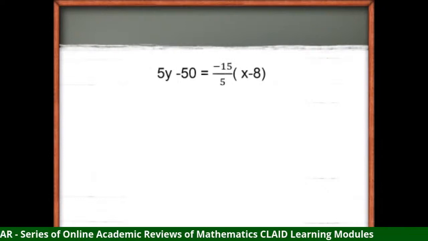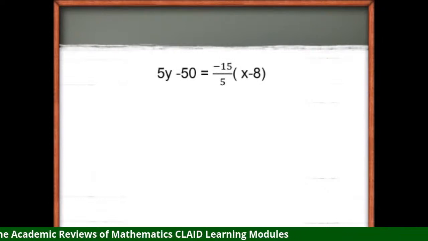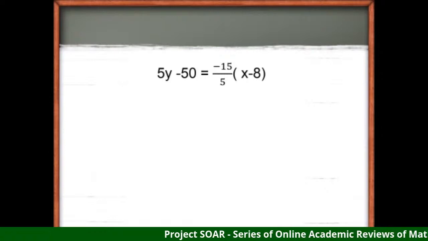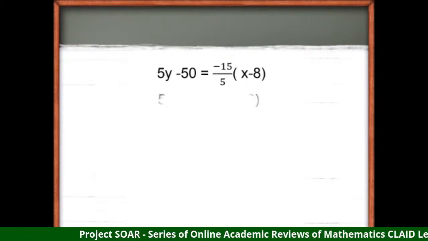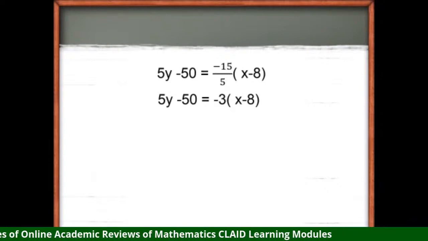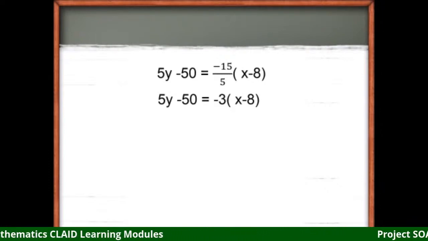And the result will become 5y minus 50 equals negative 15 over 5 quantity x minus 8. Simplifying the given equation further, we have 5y minus 50 equals negative 3 quantity x minus 8.